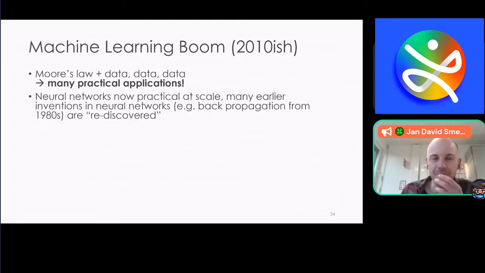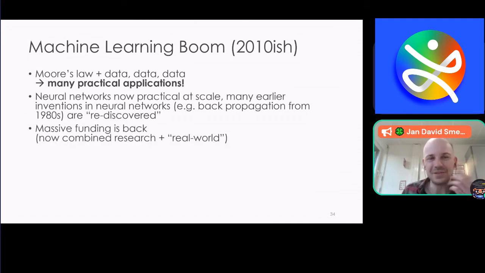And around 2010 or so, we suddenly saw many practical applications in much advanced natural language translation, things like that. So neural networks became much more practical at scale, and many earlier interventions like backpropagation, for example, were suddenly rediscovered and had a big breakthrough. Massive funding was back, is still back.